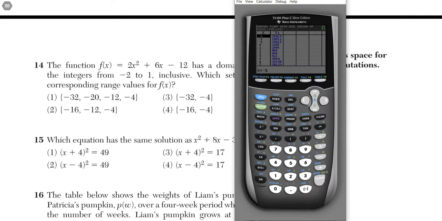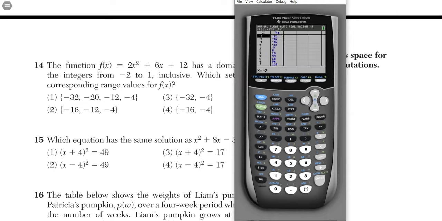So let's graph that. Y equals 2x squared... okay, now go to the table.